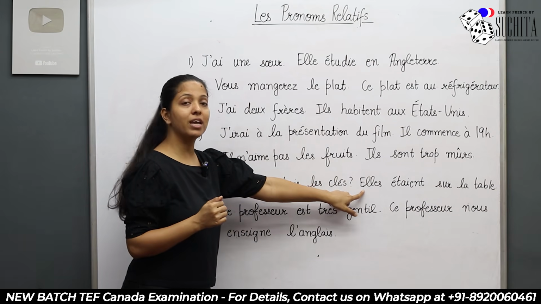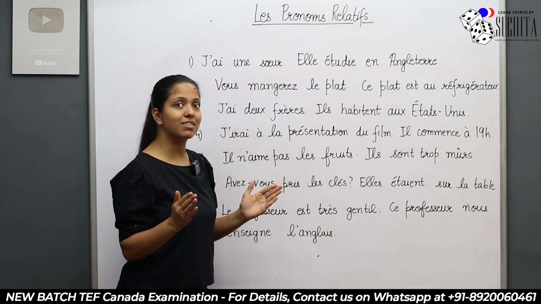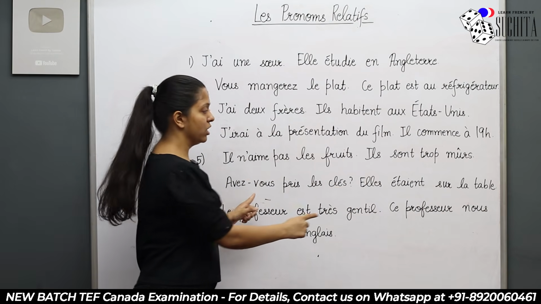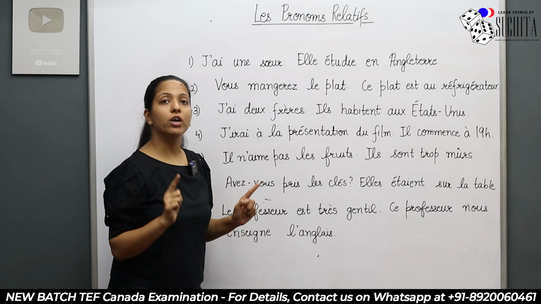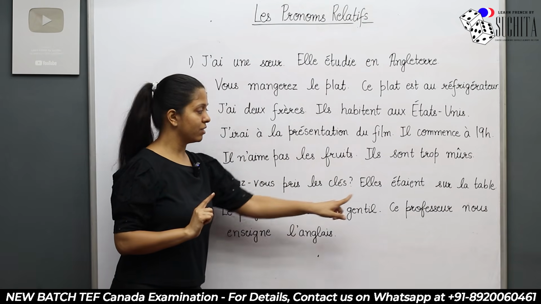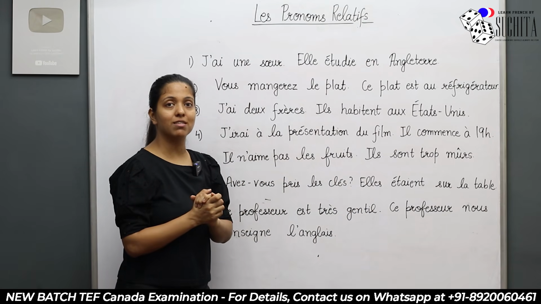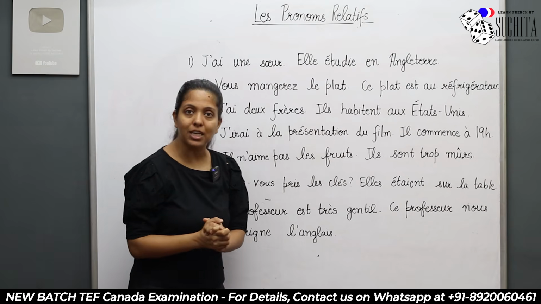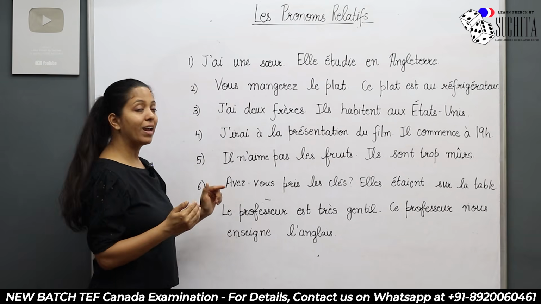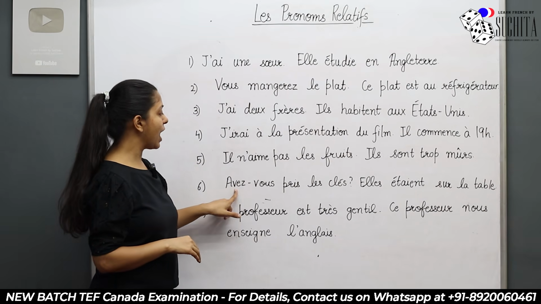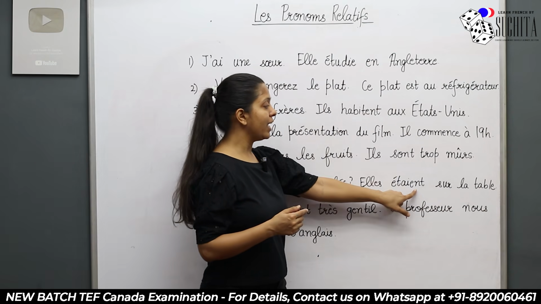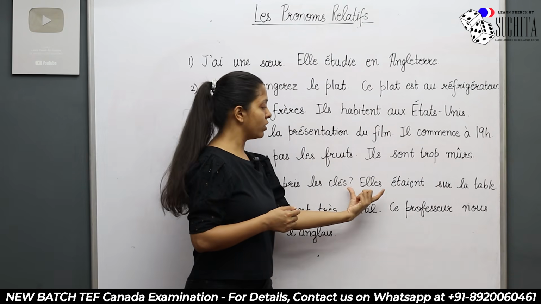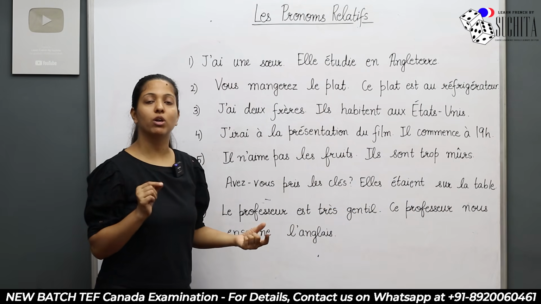Elles is my subject as per the second sentence, not as per the first sentence. So if you want to avoid the repetition of the subject and join the 2 sentences, you use the relative pronoun qui, which we did. So your final sentence will look like this: Avez-vous pris les clés qui étaient sur la table? So instead of elles, you'll write the relative pronoun qui.